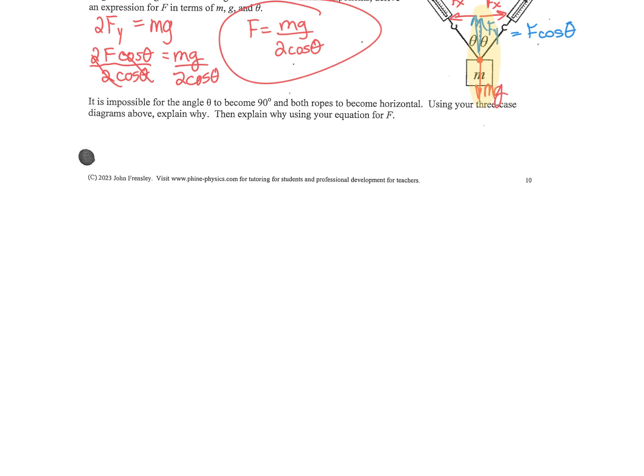If it's 90 degrees, here's one reason. Using your equation is the easiest, because what is cosine of 90 degrees? 0. And we can't divide by 0. So that would not work.